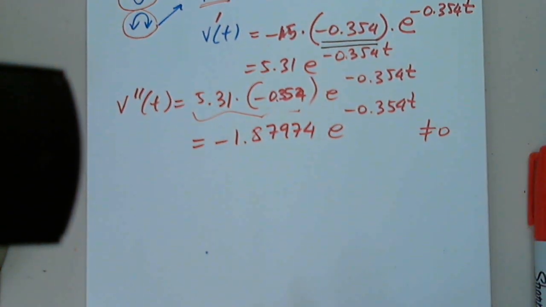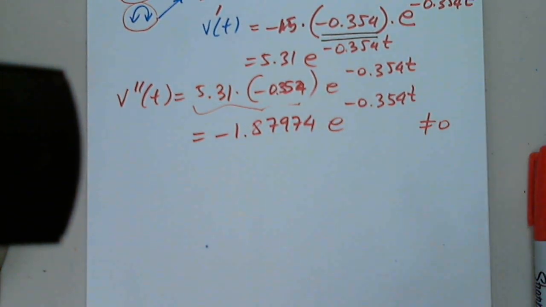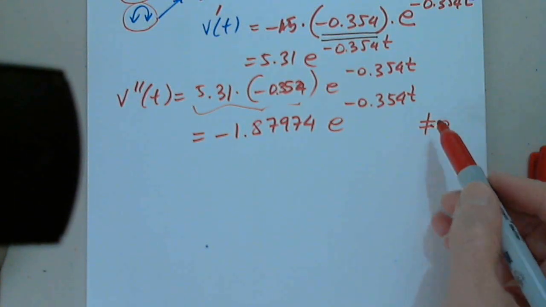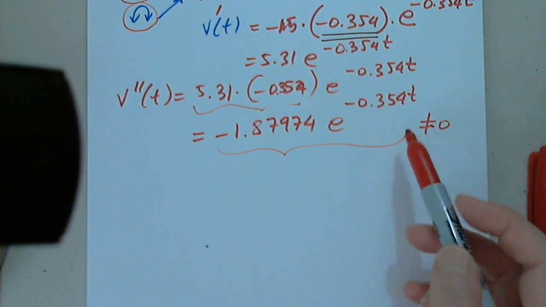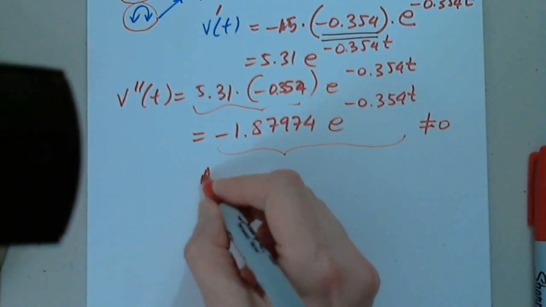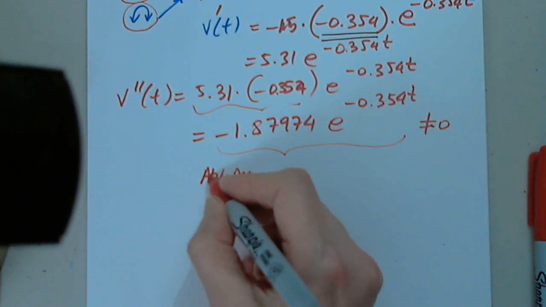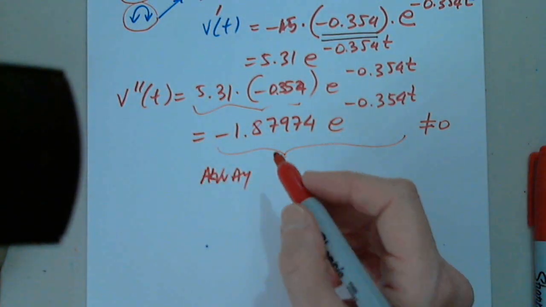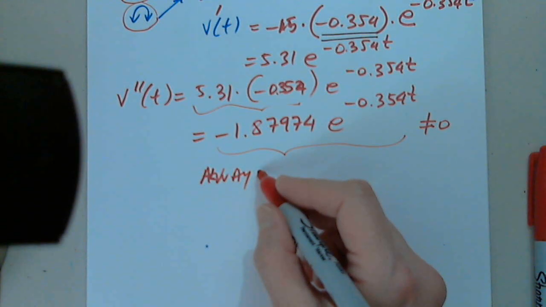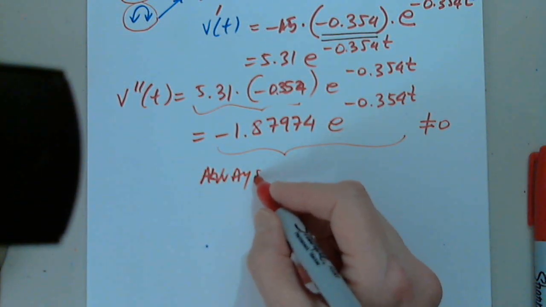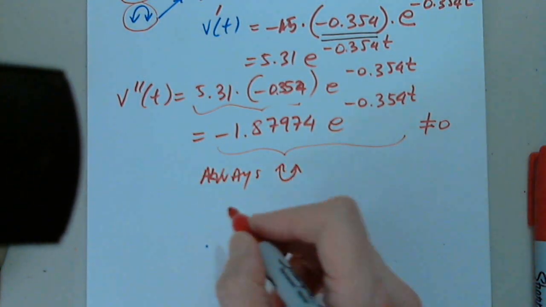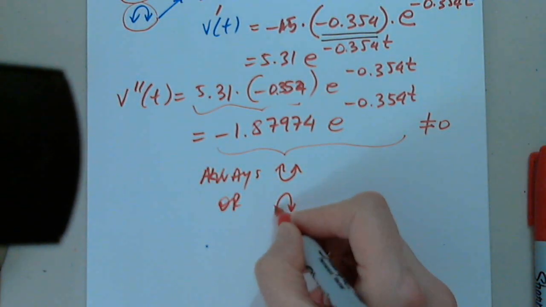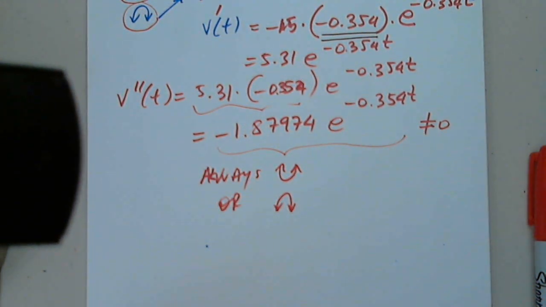Never touches 0. Okay, so if that's not the case, then there is only one possibility. So always opening up or opening down, and we have to decide which one.